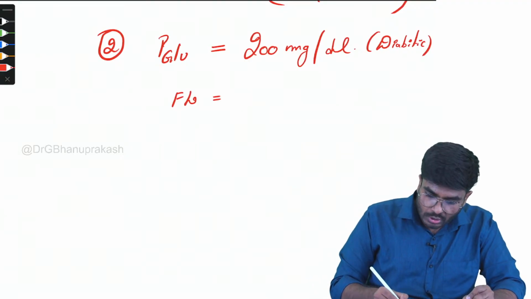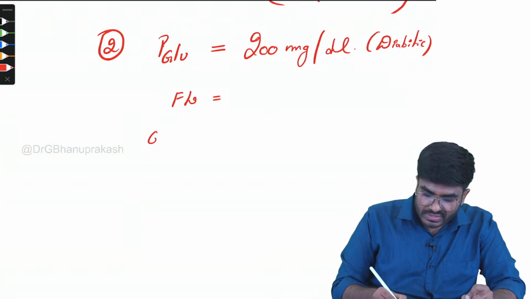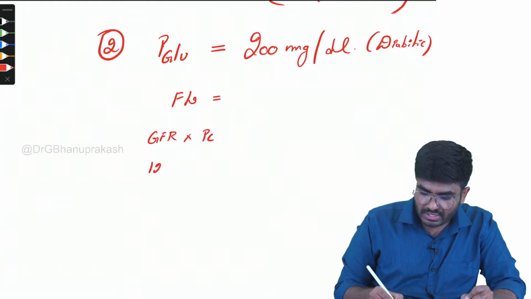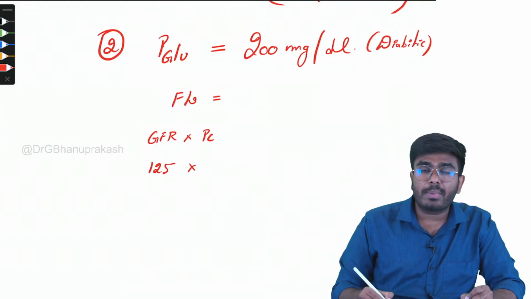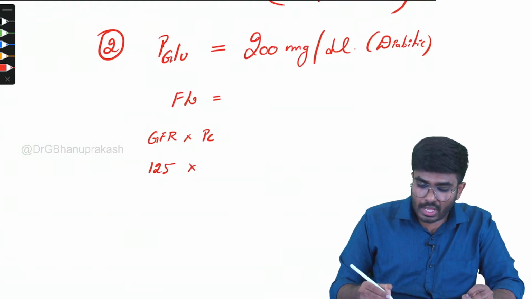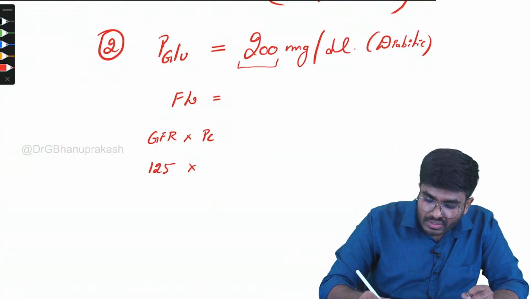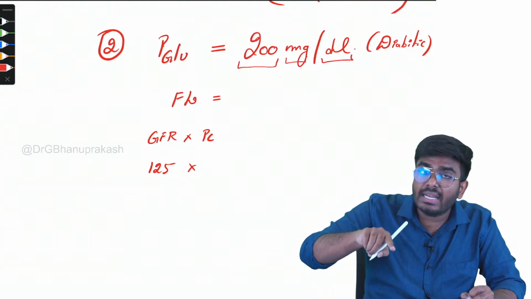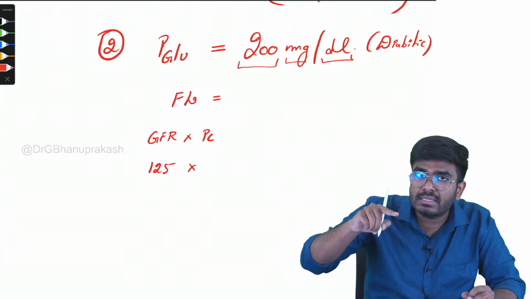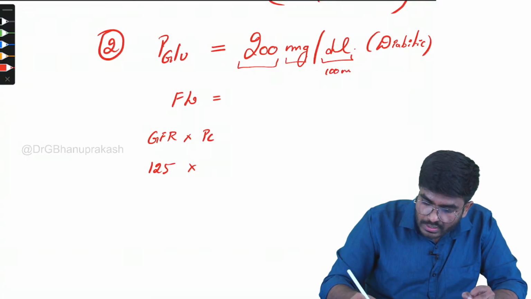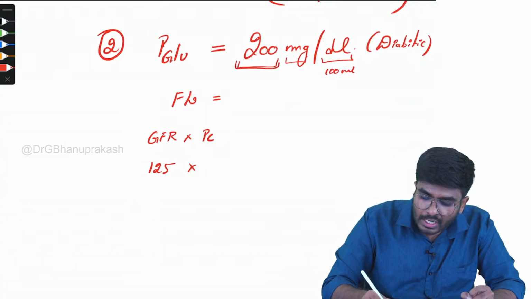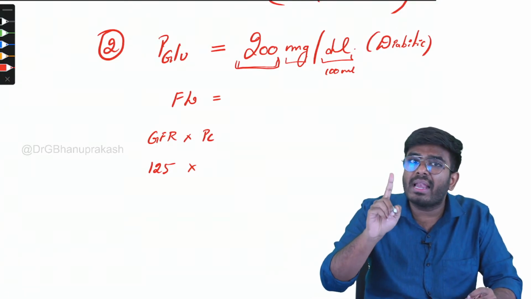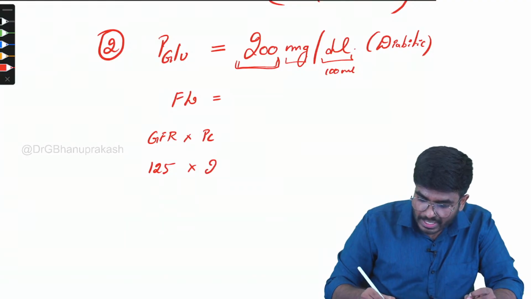Yes, sir. So what is the formula for filtered load? GFR into plasma concentration. GFR is 125. And what is the plasma concentration? Here it is 200 milligrams per deciliter. Per deciliter means 100 ml. So 200 milligrams of glucose is present in 100 ml, so every ml has 2 milligrams.